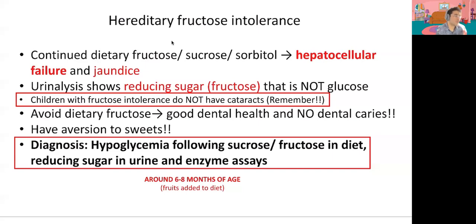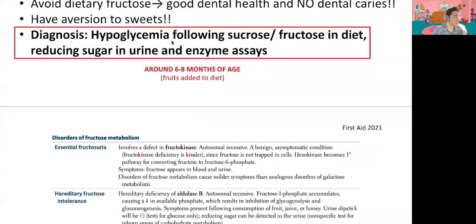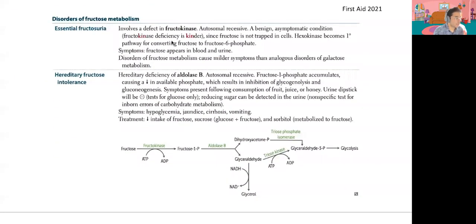So keep benign versus hereditary fructose intolerance straight. It can present with hypoglycemia following sucrose and fructose in the diet. With aldolase B deficiency there is excess accumulation; with benign, it's just fructose, which is passed into urine and released.